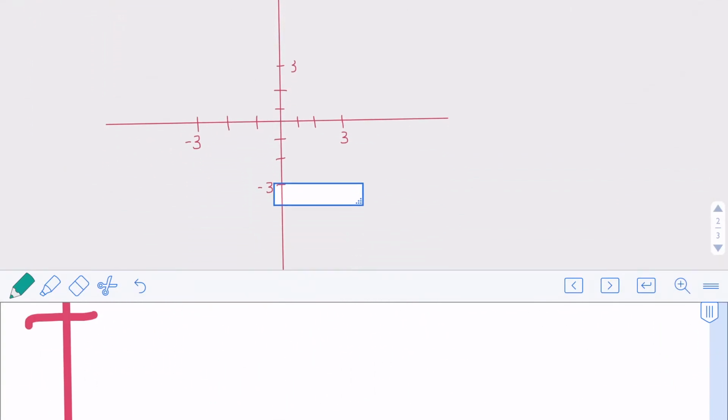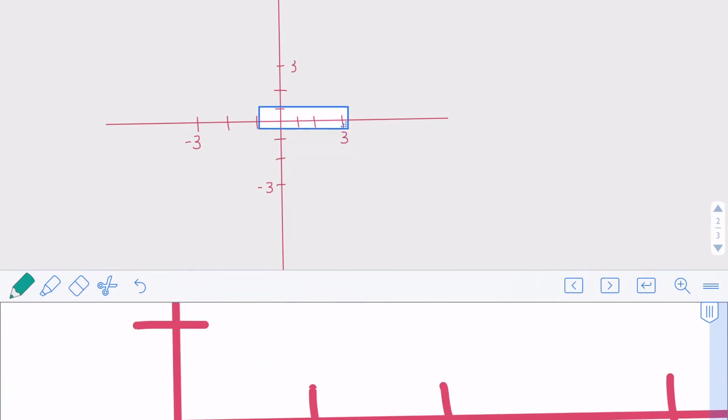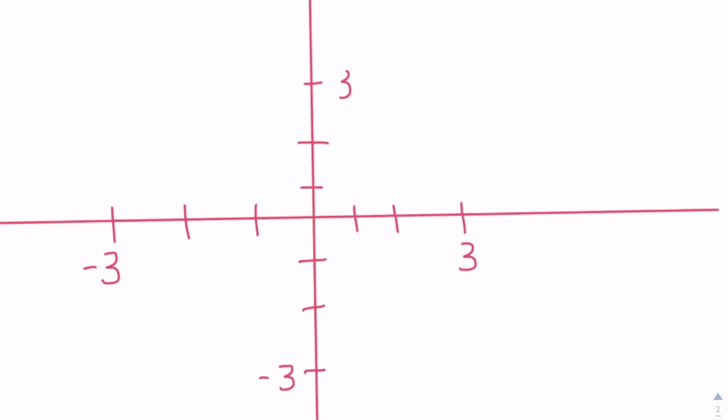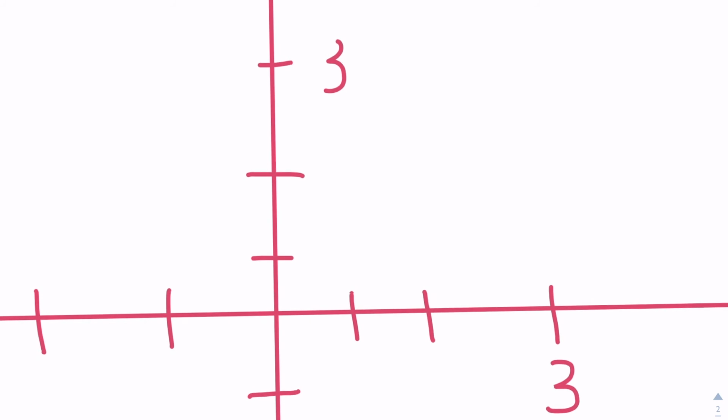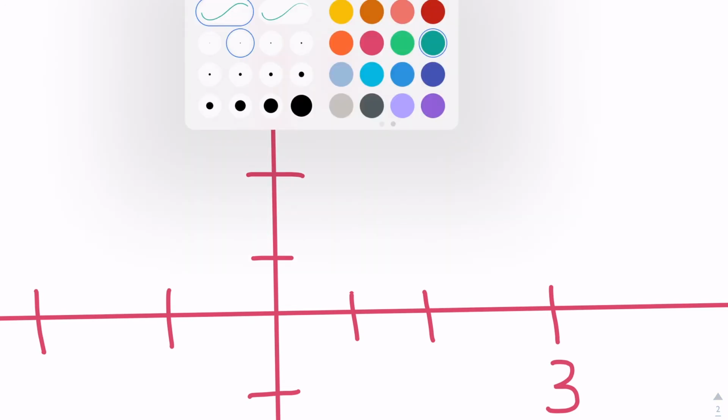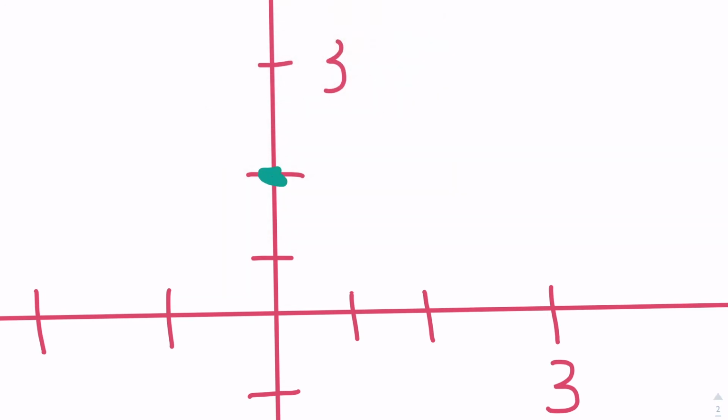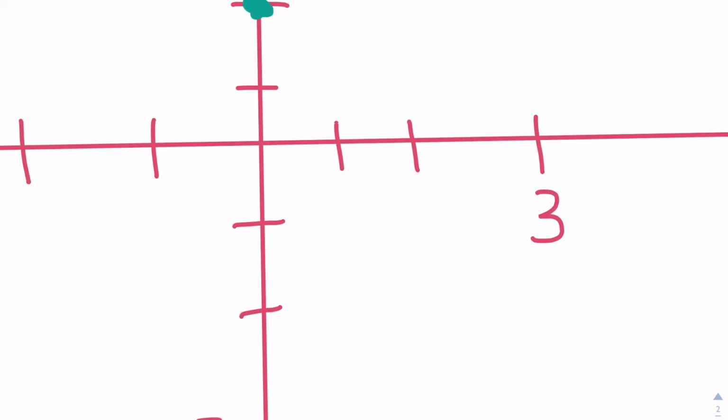We are given two equations for the system, 4x plus y equals 2, and x minus y equals 3. As I said before, I like to put it into slope-intercept form, so I get y equals negative 4x plus 2, and y equals x minus 3.